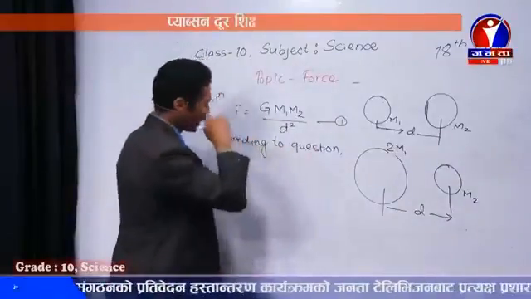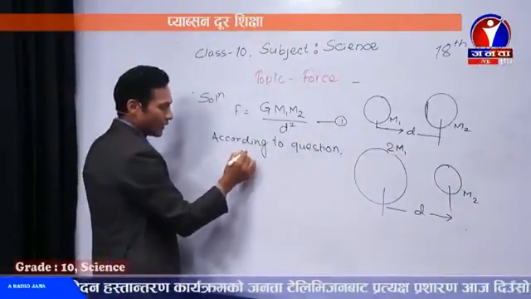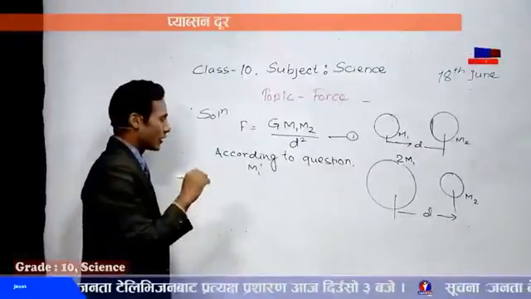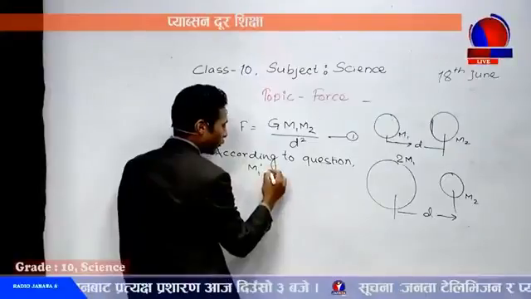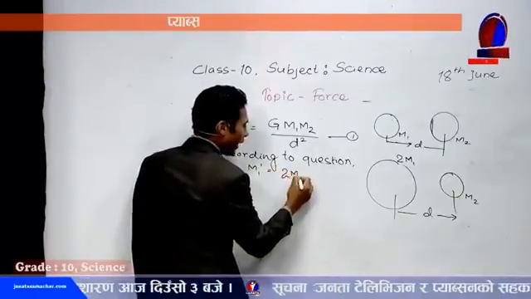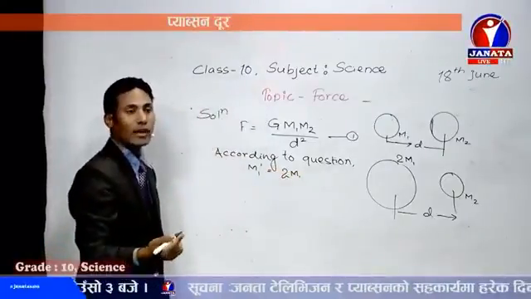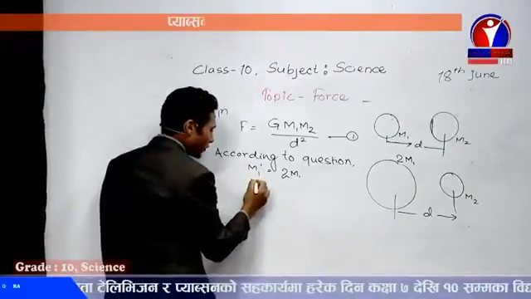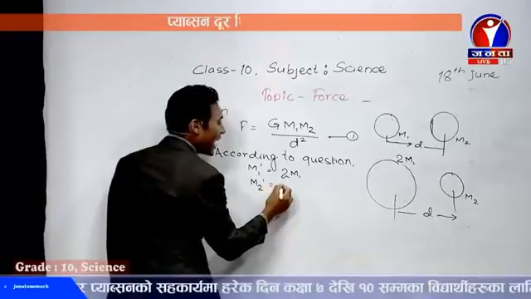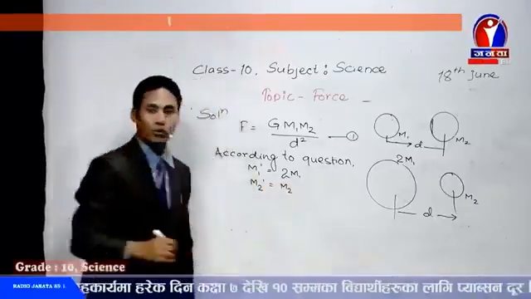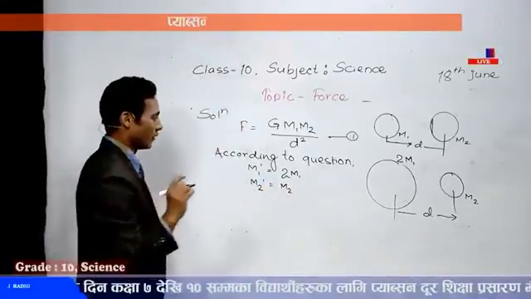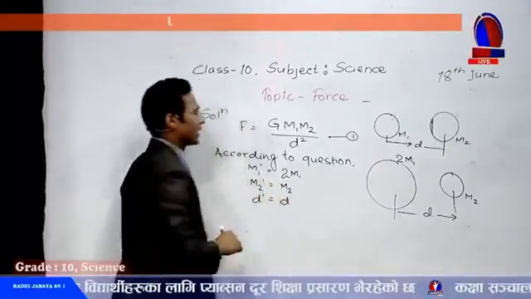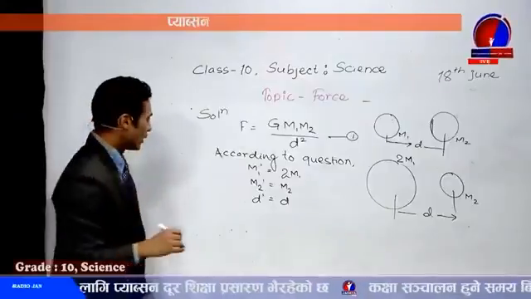So according to the question, let's say this is m1 dash, the new mass in the second condition. So m1 dash = 2 m1, since the question says one of the masses is doubled, so I have doubled this first mass. The next one, m2 dash, is as it is, that is m2, because we have doubled only one. And the distance between them, d dash, is again the same distance.